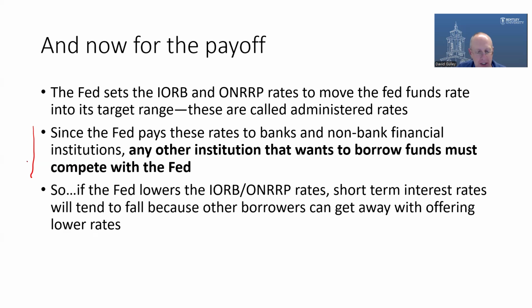And so here, since the Fed is lowering these two administered rates, in general, short-term interest rates will tend to fall because now other institutions that want to borrow money don't have to offer as high interest rates as they used to because the Fed has decided to lower these administered rates.